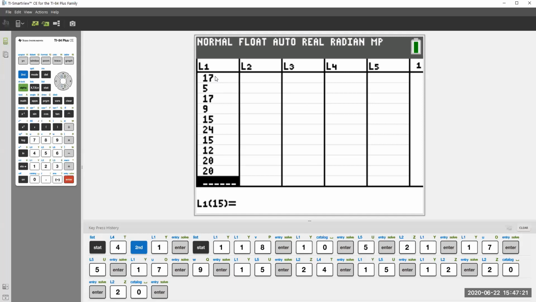So you can see, guys, here I have entered 14 values. The calculator says enter 15. I do not have 15 values. I only have 14. So I have 14 values entered.